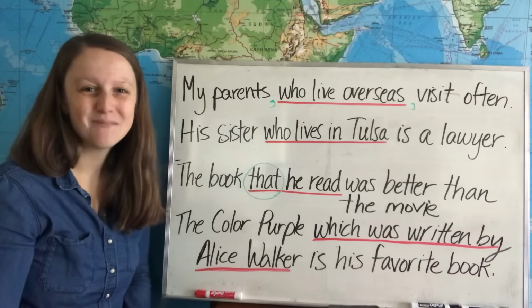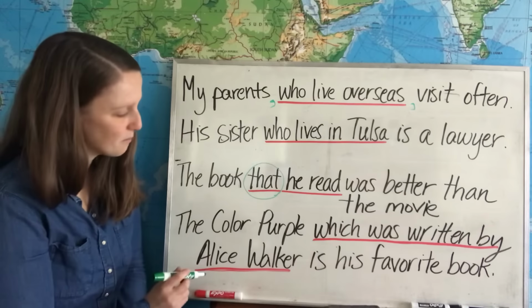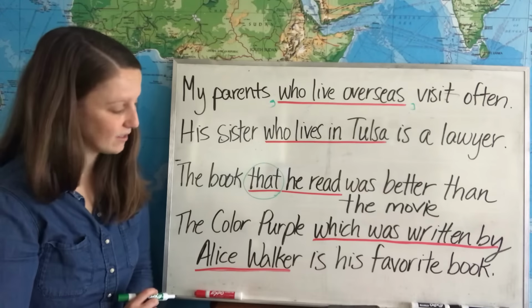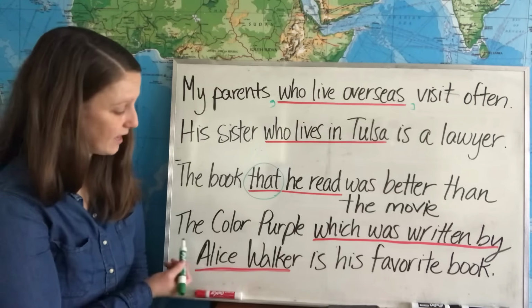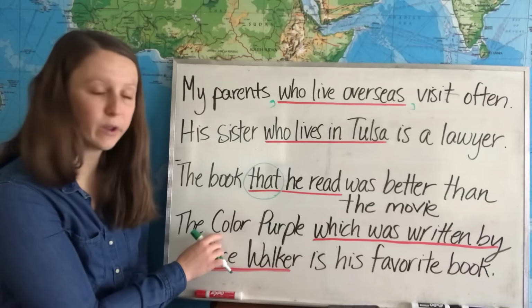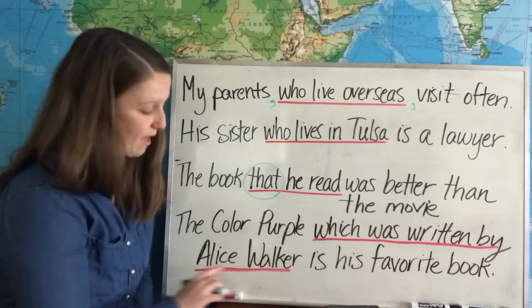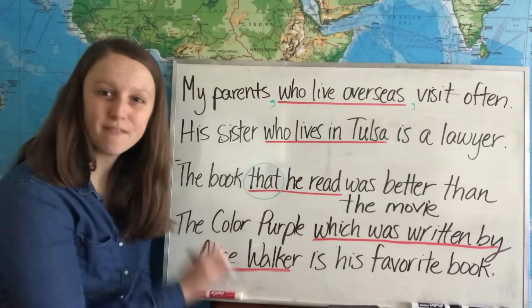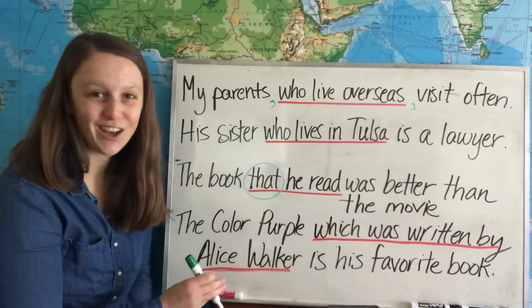To explain that a little bit more, we'll look at our final example. The Color Purple, which was written by Alice Walker, is his favorite book. In this case, The Color Purple is the name of the book. We already know which book, and this adjective clause, which was written by Alice Walker, is extra information. So this is a non-restrictive adjective clause.